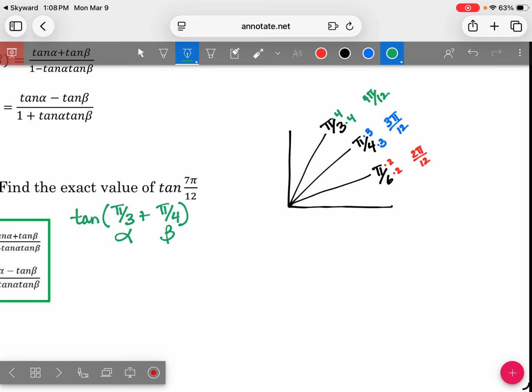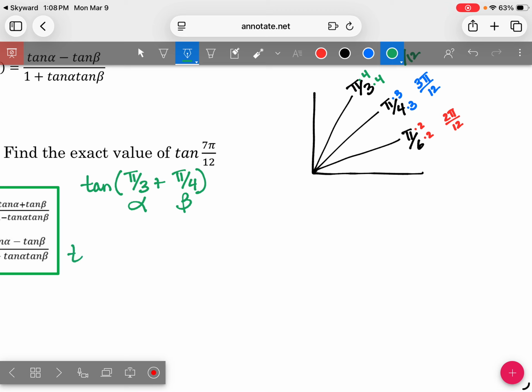So we need to figure out the tangent of pi over 3, which is going to equal the sine of pi over 3 divided by the cosine of pi over 3. So looking at your unit circle, what is the sine of pi over 3?